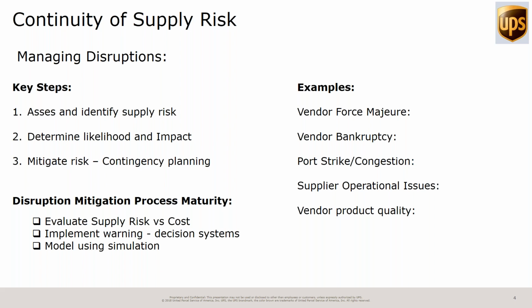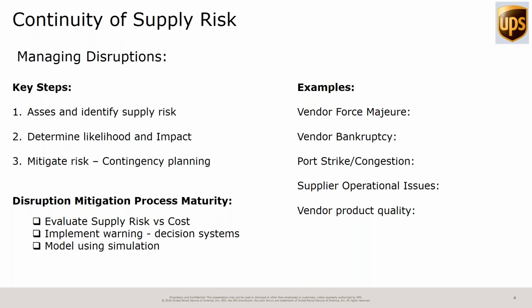When we think about the process maturity at different organizations, it really starts with evaluating what the supply risk is and what the cost to mitigate that risk. So for every product supply and demand decision we make, evaluating that risk versus cost is key. From there, implementing warning or decision systems can really enable mitigating the risks at an operational level.